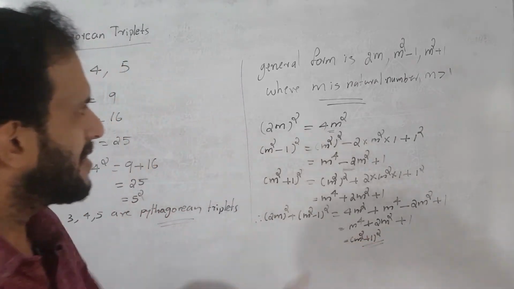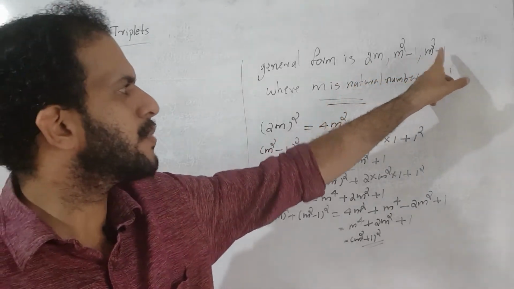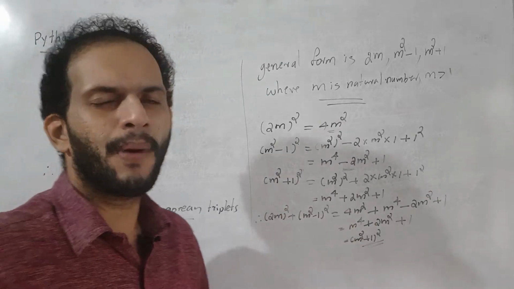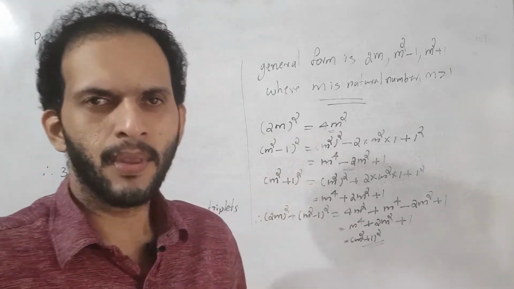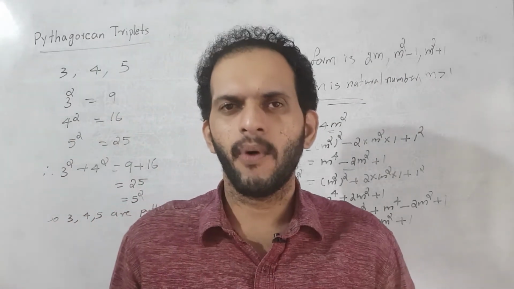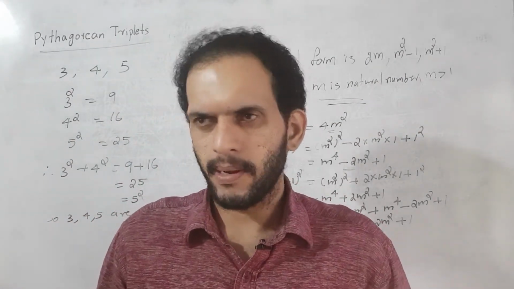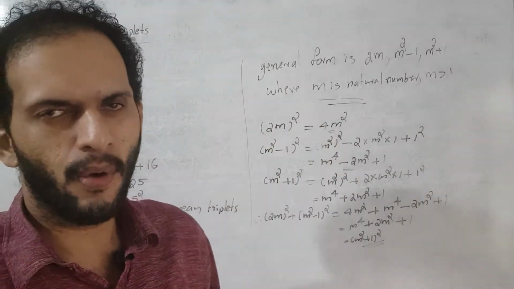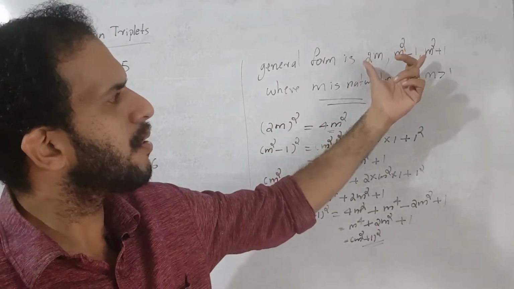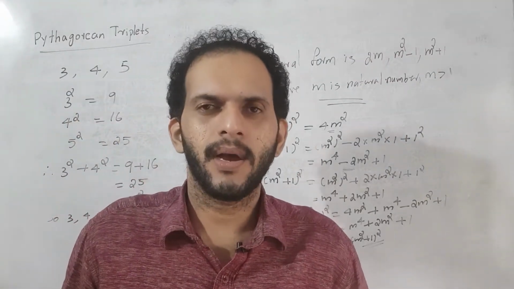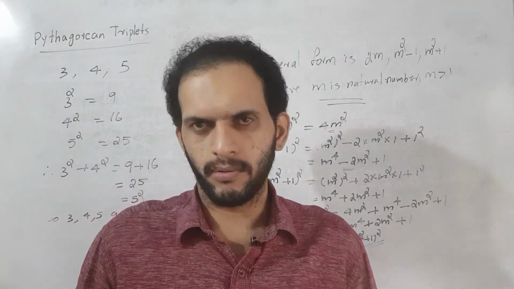That means this form satisfies the Pythagorean triplets. This form follows the idea of Pythagoras theorem. Correct. So we call these three the general form of Pythagorean triplet. Okay, it's not necessary to verify like this. I just explain why we choose this form as a Pythagorean triplet. Why? Because it satisfies the idea of Pythagoras theorem.